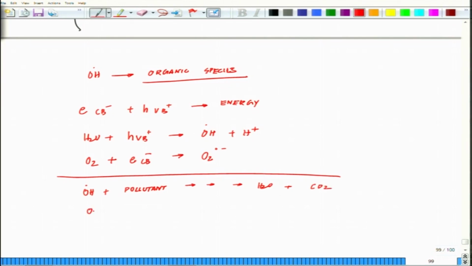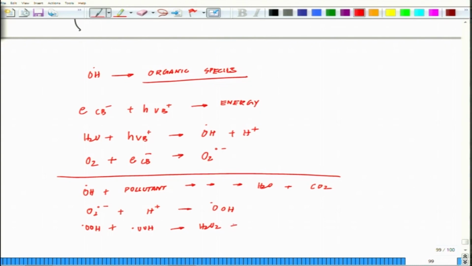The other reaction could be O2 dot minus plus H+ generating OOH, and OOH plus another OOH could create hydrogen peroxide.